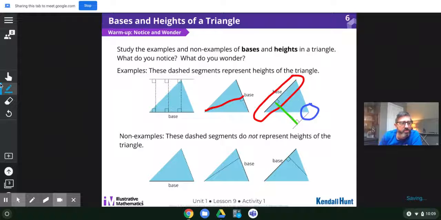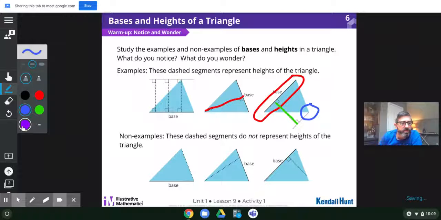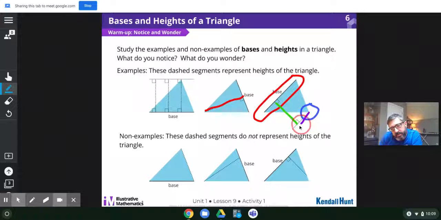It can only be drawn as high as the opposite corner. So if we wanted to draw it to the corner, we would draw it from right here. Does that make sense? Just like in parallelograms, the line is always going to be perpendicular to the opposite side.